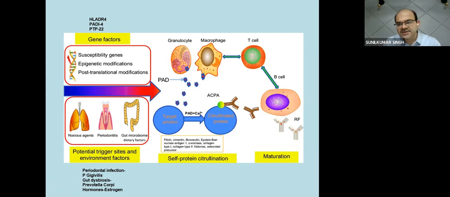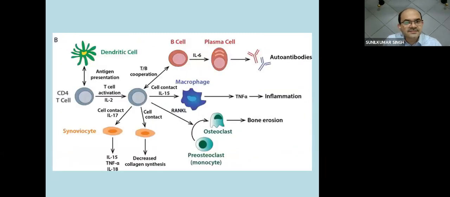And these antigen presenting cells then interact with the T cell and B cell, which gives rise to the further cascade of inflammation. So just to keep it very simple, the genes, the trigger factors, and then this citrullination, and then comes the role of the T and the B cells.